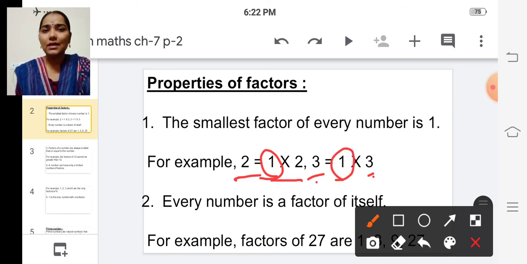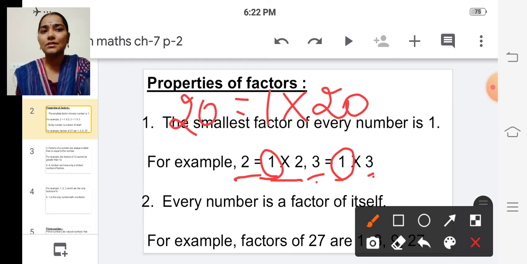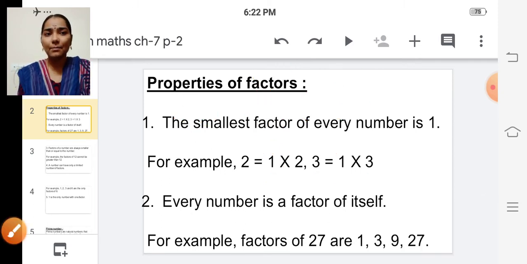If we take 20, then we can write 1 into 20, isn't it? So, 1 and 20 are factors of 20. So, the smallest factor of 20 is 1. So, the smallest factor of every number is 1.